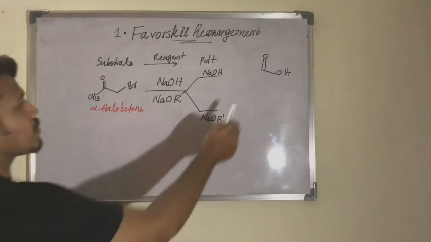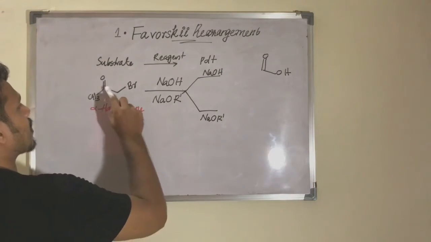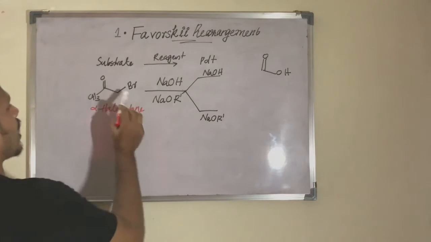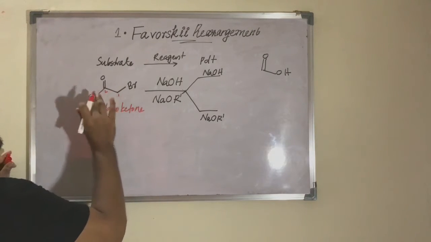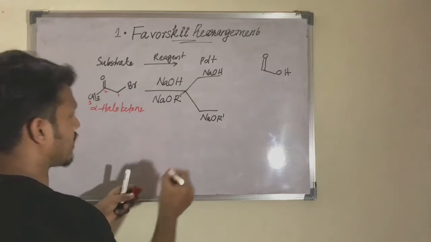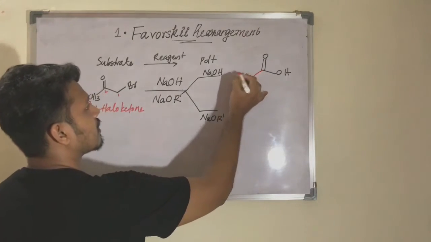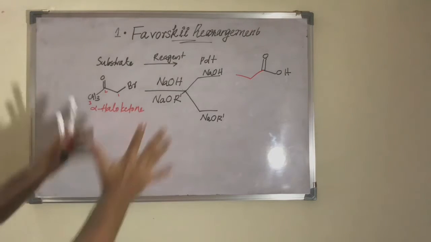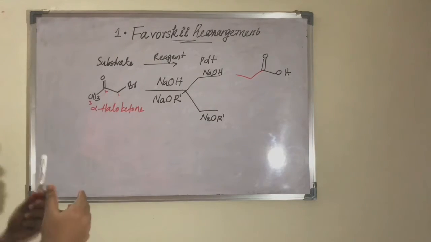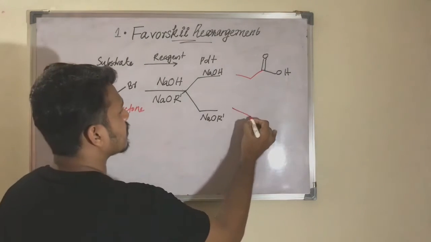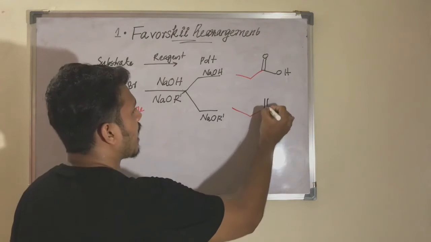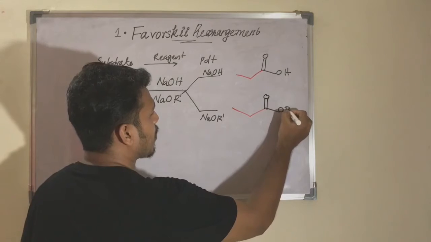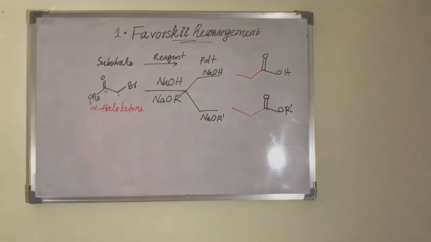Beware that you should have the same number of carbons here. How many carbons are there? 1, 2, 3. So 3 carbons should be there. This is a rearranged product. Similarly, you will have an ester with sodium alkoxide. That is the charm of this reaction.